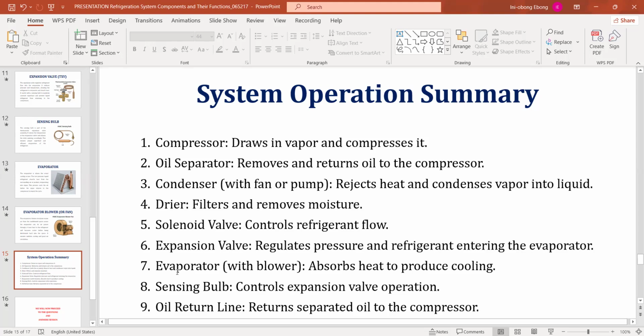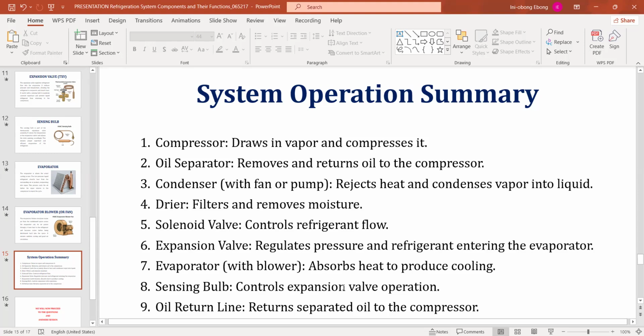Expansion valve, metering device or TXV, regulates pressure and refrigerant entering the evaporator. It causes a pressure drop and further regulates the amount of liquid refrigerant that will go into your evaporator. Evaporator with blower absorbs heat to produce cooling.